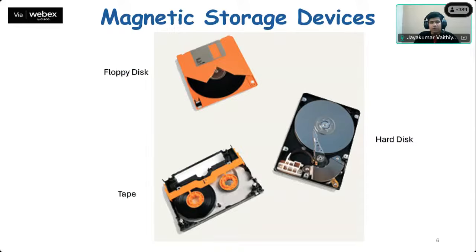The size differs according to the format and media. We can store a maximum of 1.4 MB of data in a floppy disk, whereas a hard disk can store up to 500 GB or 1 terabyte. Tape, we normally won't use to store data in a computer, but in audio cassettes. Even your audio cassette is a storage device.